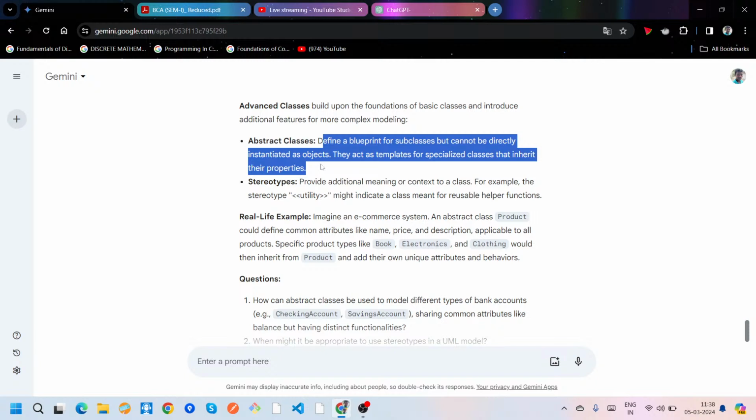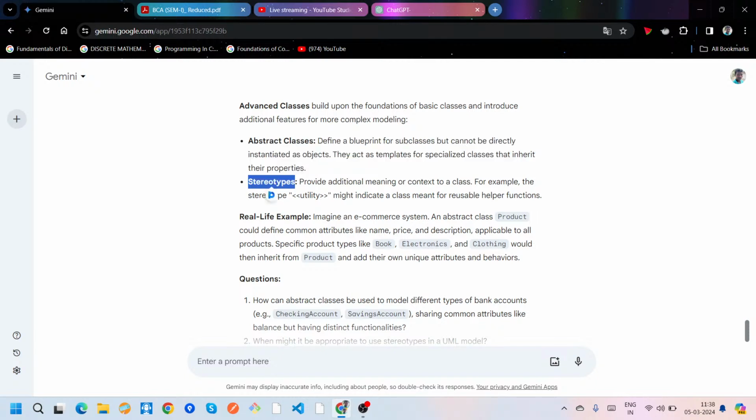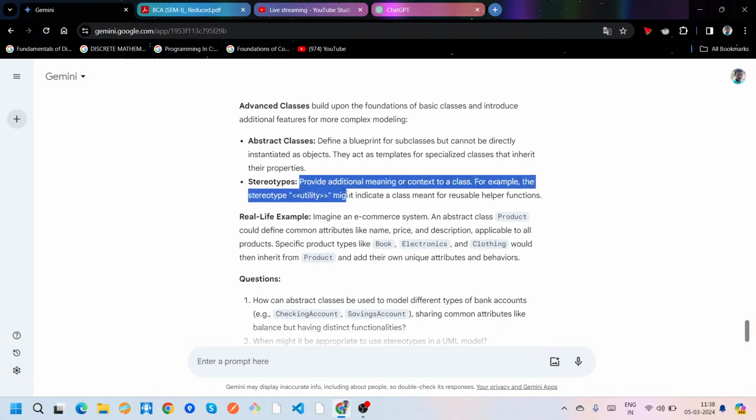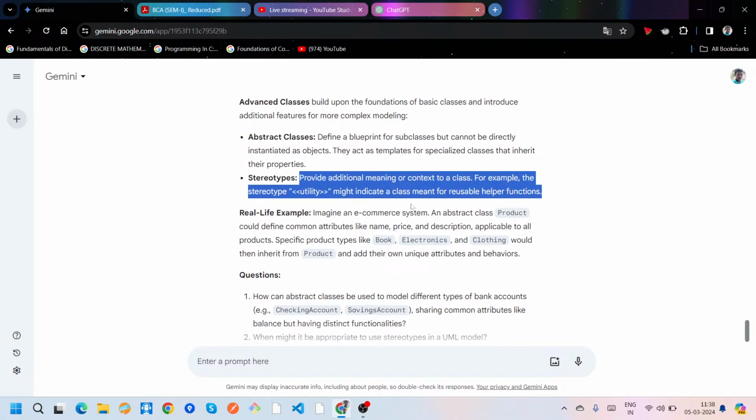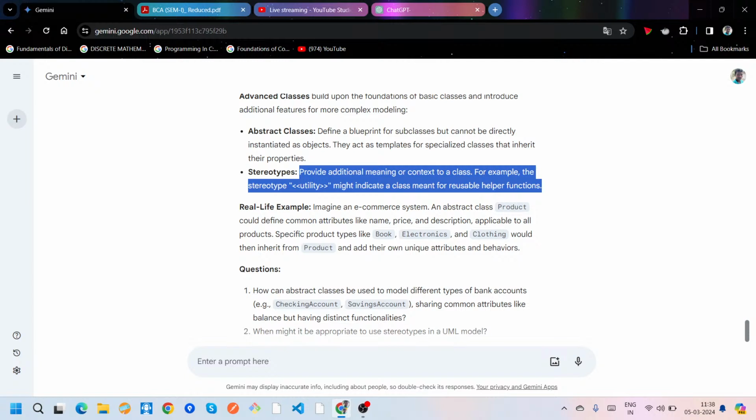Then stereotypes. Stereotypes provide additional meaning or context to a class. For example, the stereotype utility might indicate a class meant for reusable helper functions.